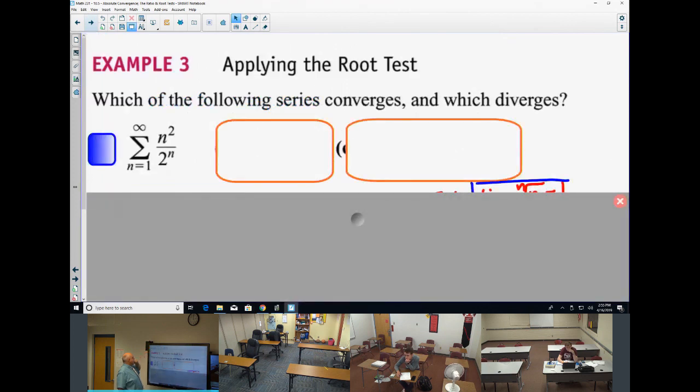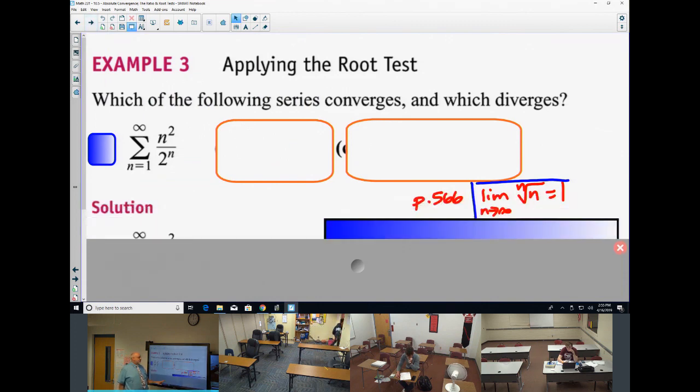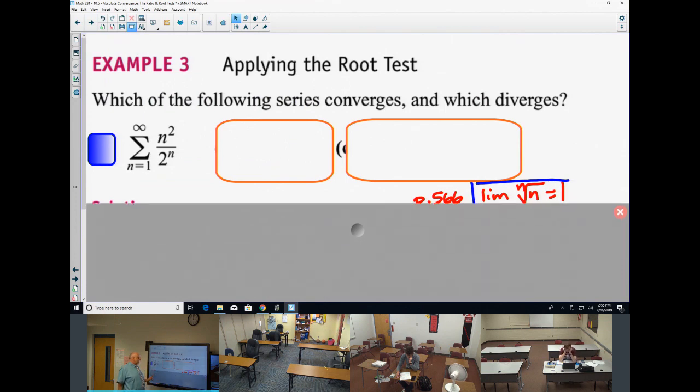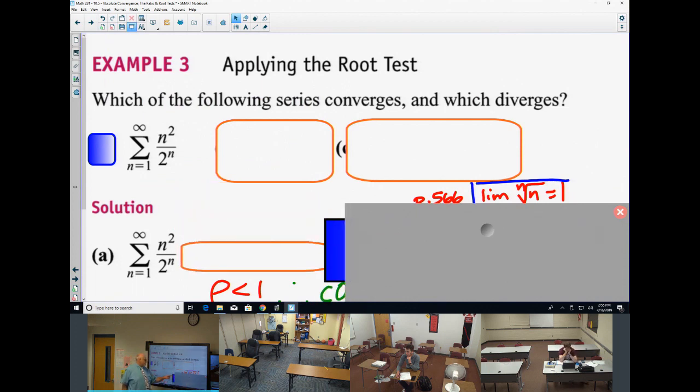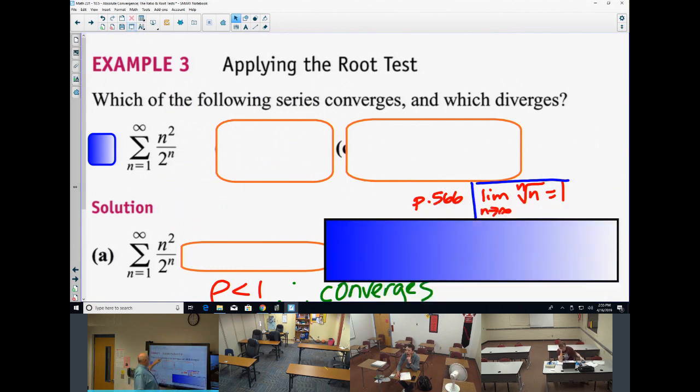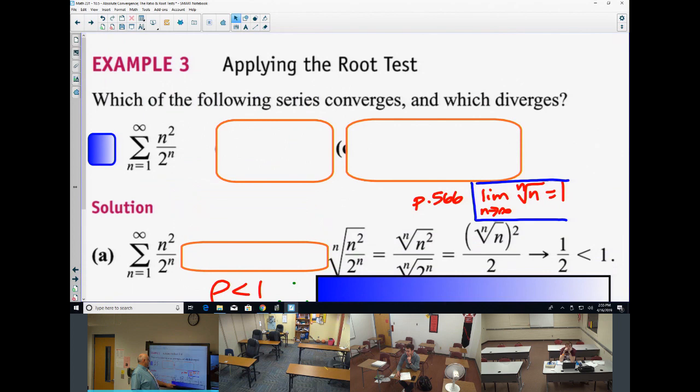Okay. So let's say we're trying to determine if the sum of n squared over 2 to the n diverges or converges. What I'm going to do is use the root test. So if I do the nth root of n squared over 2 to the n, now look how this simplifies.